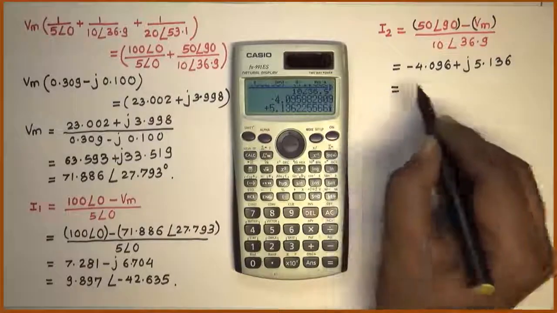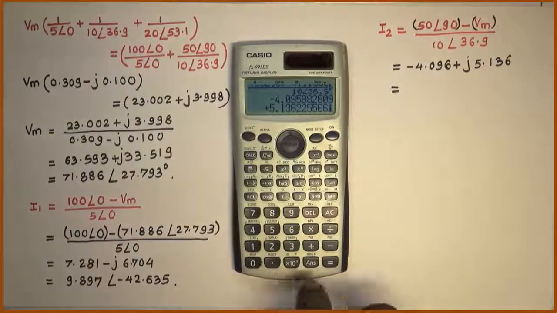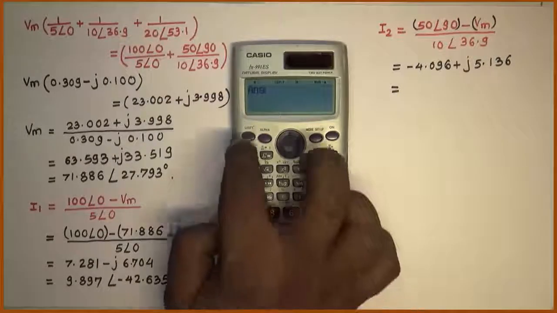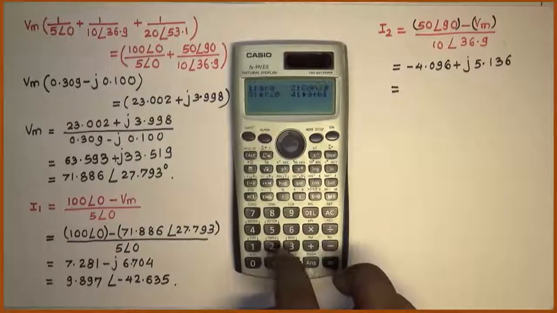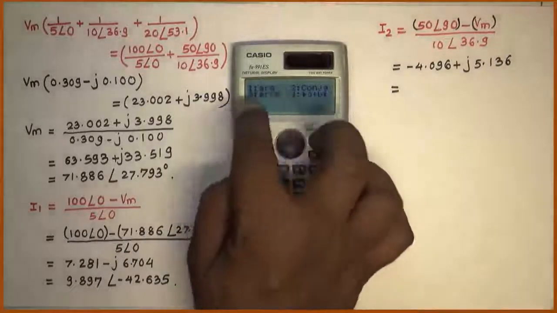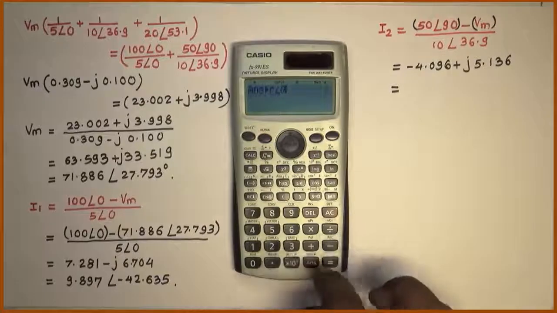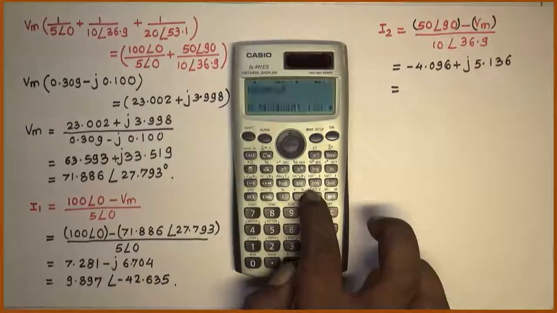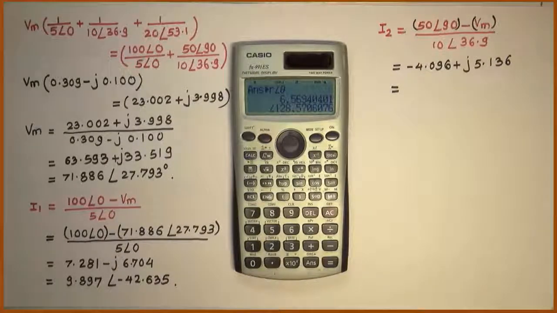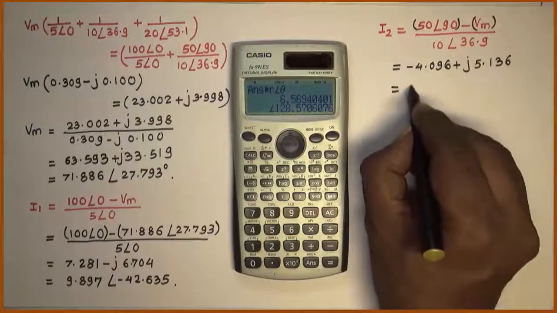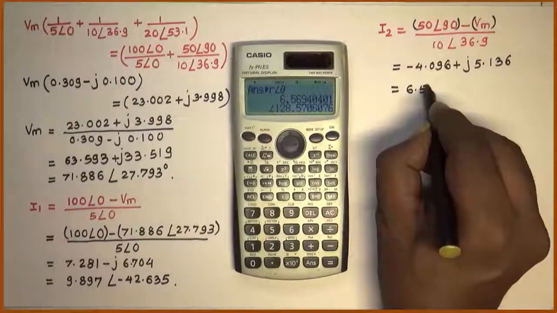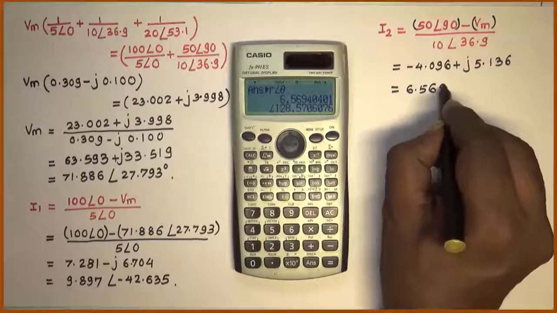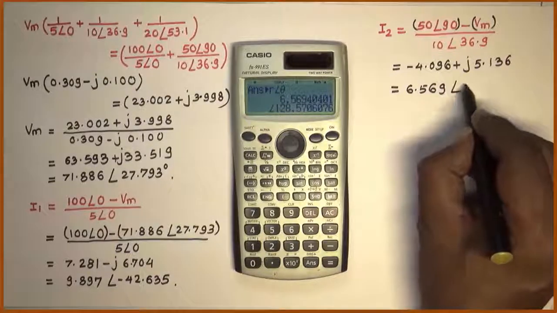If I want this in polar form, then store this in the answer position, shift to r angle theta is at the 3 position, so third, equal to, S to D, that gives me 6.569 angle 128.571.